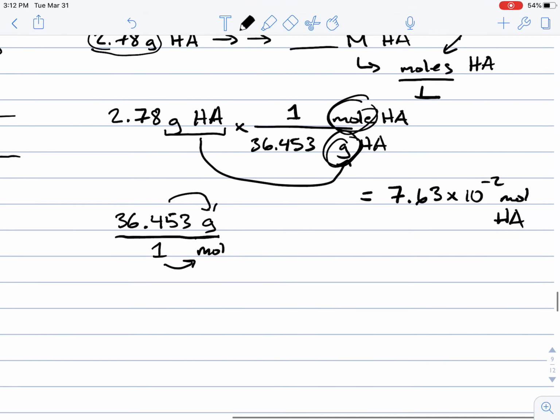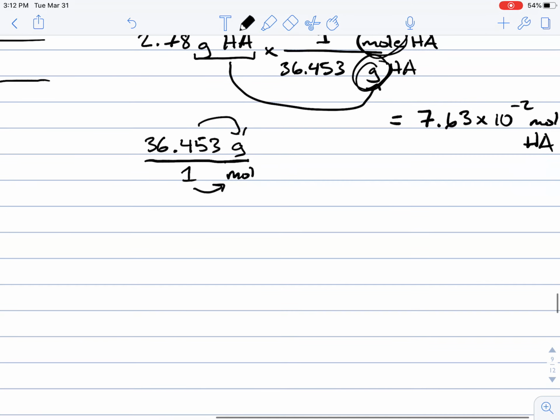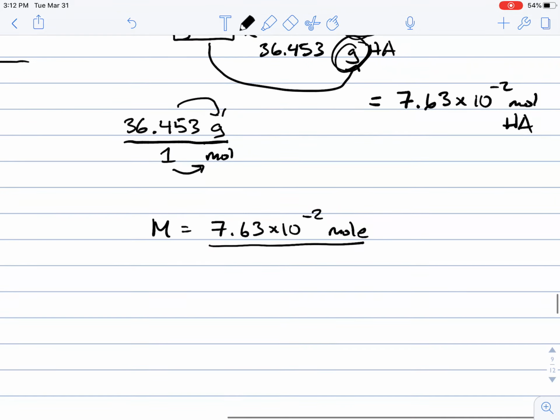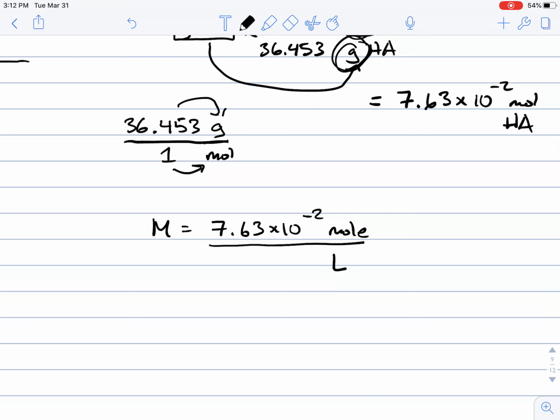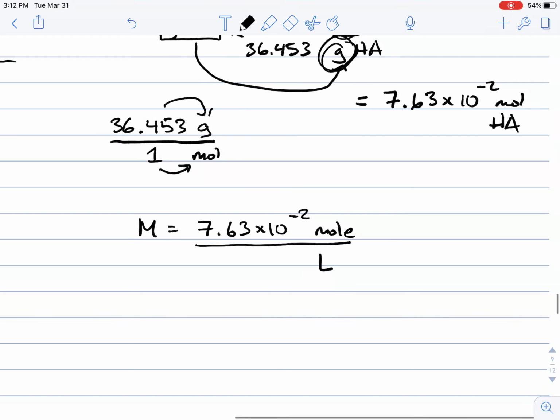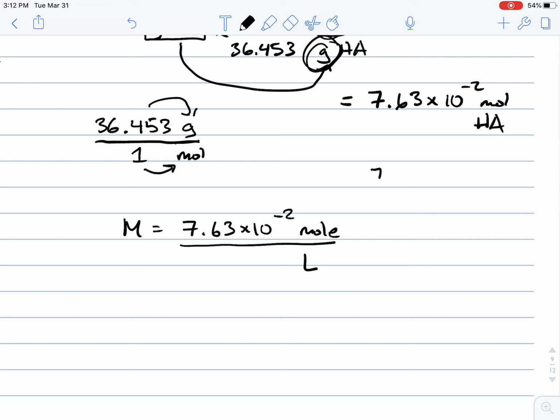And so let me just put this down here. So molarity is equal to 7.63 times 10 to the negative 2 moles. Now I'm going to go ahead and divide this by the volume, and the volume must be in liters. And since our volume in the problem is 755 milliliters, remember milli is times 10 to the negative 3.